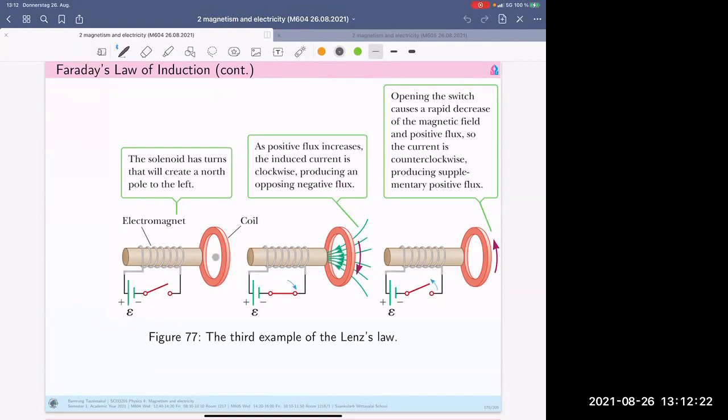Before that, at the first stage, it doesn't have any magnetic field across its surface. But in the second situation, someone disturbed it. In order to get rid of the increasing amount of magnetic field, it has to generate magnetic flux in the opposite way to the direction of the field someone is placing in it.